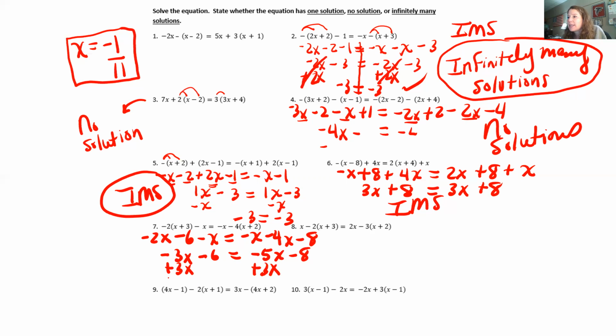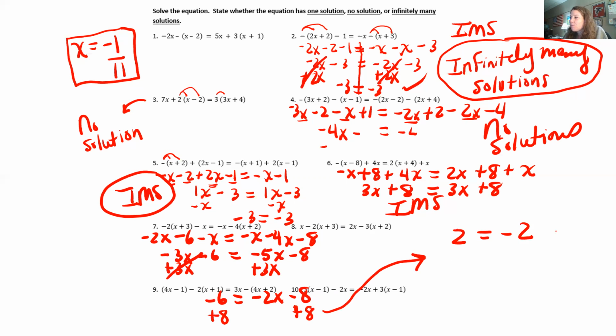So I end up with negative 6 is equal to negative 2x minus 8. We're going to add 8 to both sides. So we end up with 2 is equal to negative 2x.